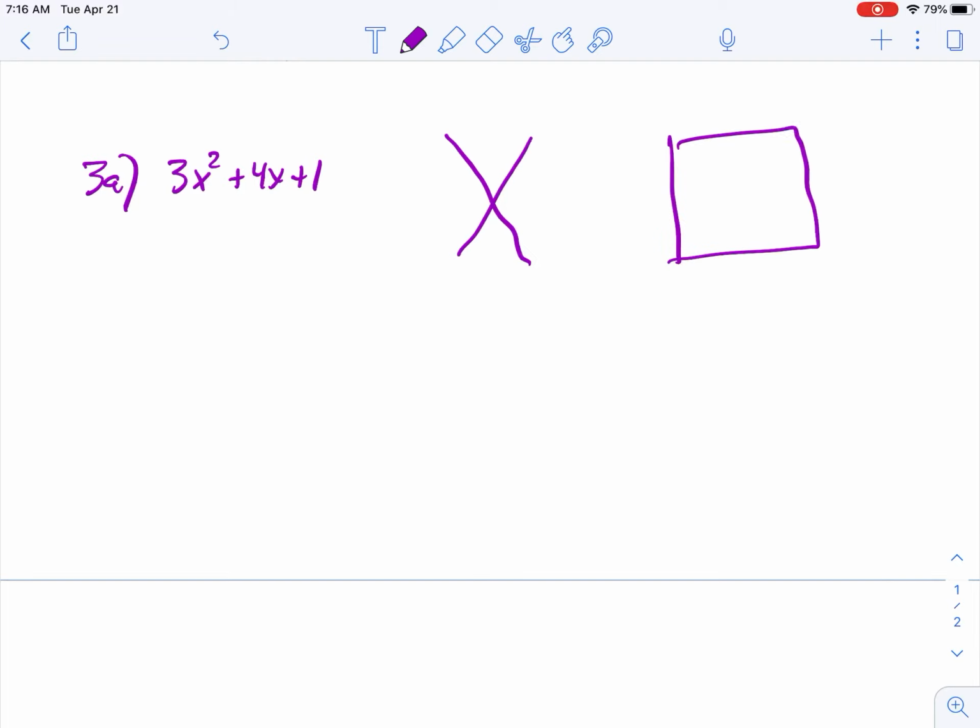Okay. All right, let's go over 3a. Been a while since we've done some factoring. 3x squared plus 4x plus 1. And all three can be done by the X box method. Okay, so let's go over how to do that.